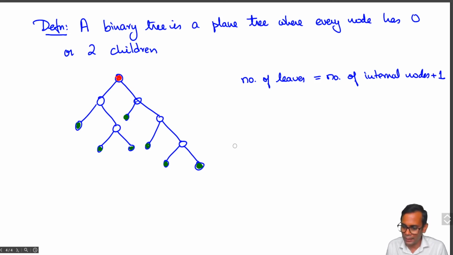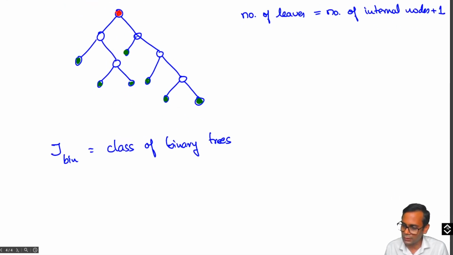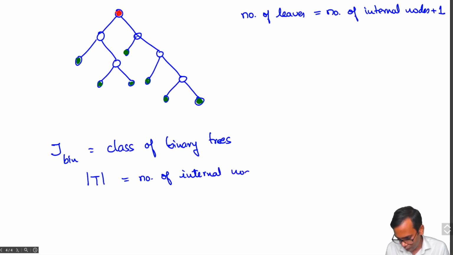And I claim that, so let's define the class of binary trees. I just need to tell you what the size function is, and I won't take the size of all the nodes. It works out better if I take the number of internal nodes. So this here is a binary tree of size 6 rather than 13.